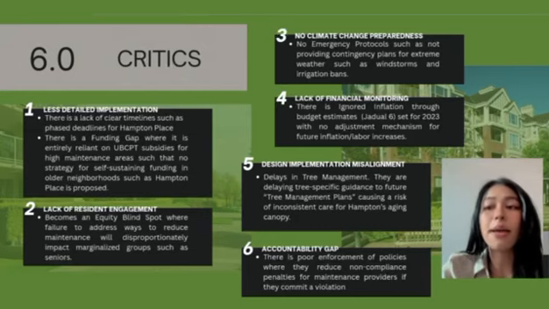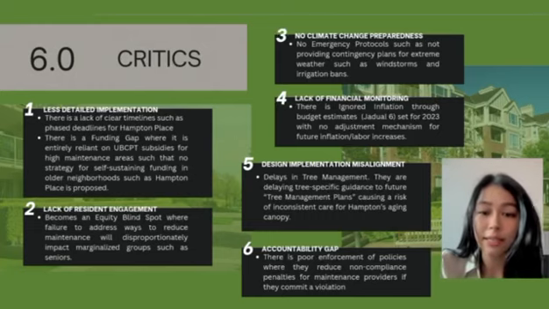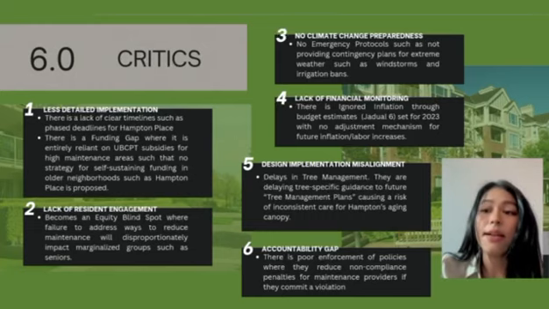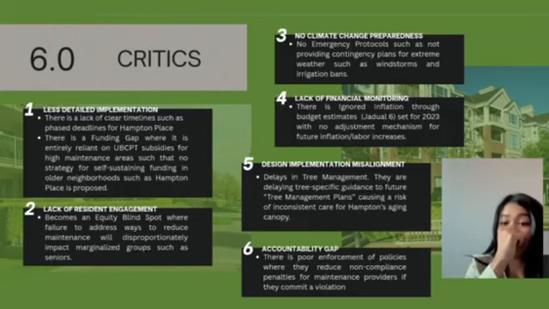Furthermore, a funding gap exists because the high maintenance areas rely entirely on UBC Properties Trust subsidies without a strategy for self-sustaining funding. Third, there is a lack of resident engagement, which creates an equity blind spot. Failing to find ways to reduce intensive maintenance could disproportionately impact marginalized community groups such as seniors.